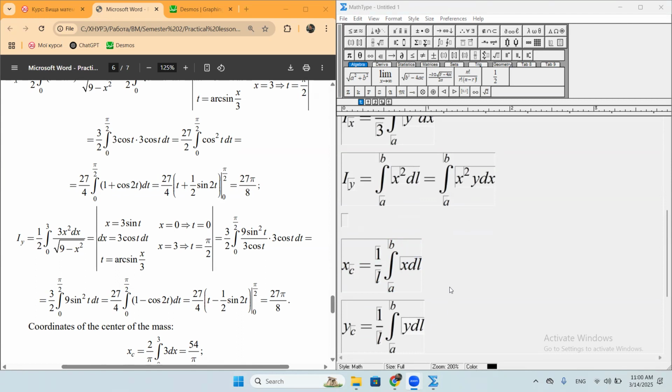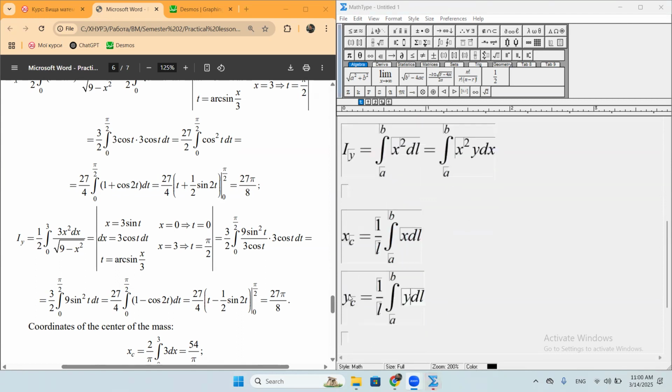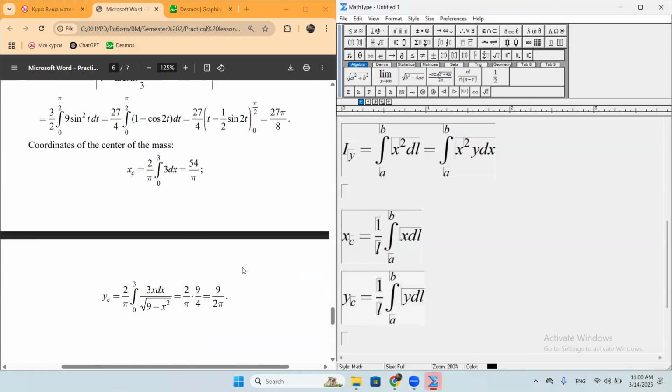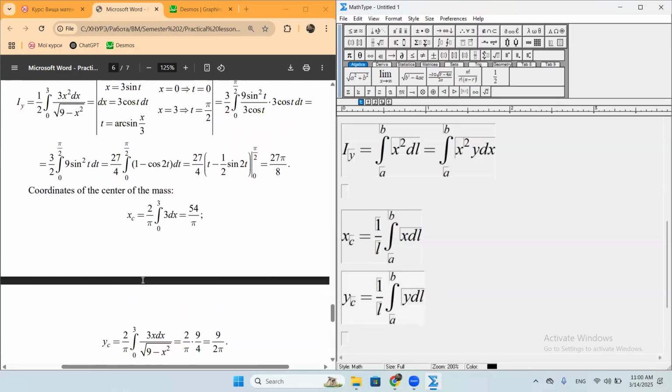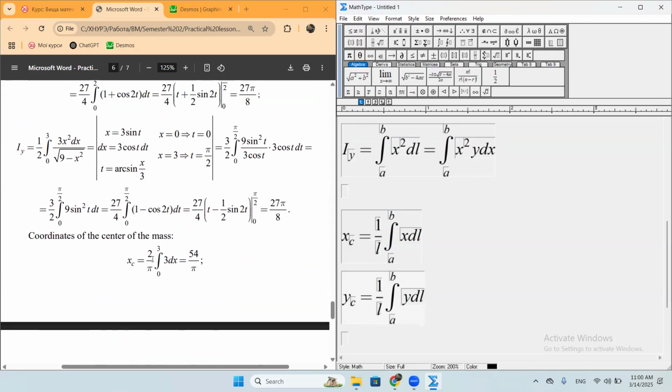Okay, so the formula for the y coordinate of the mass center is the following. So we divide by, analogically to x. Let me check.